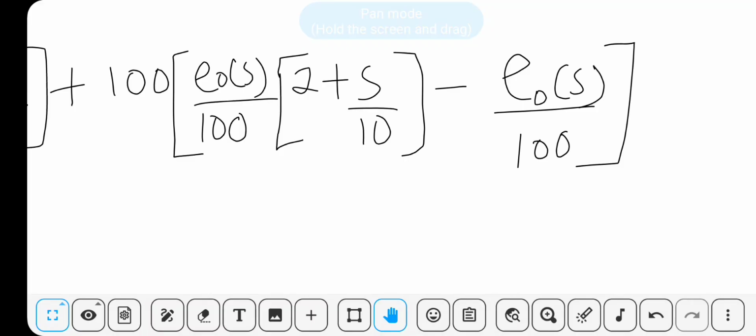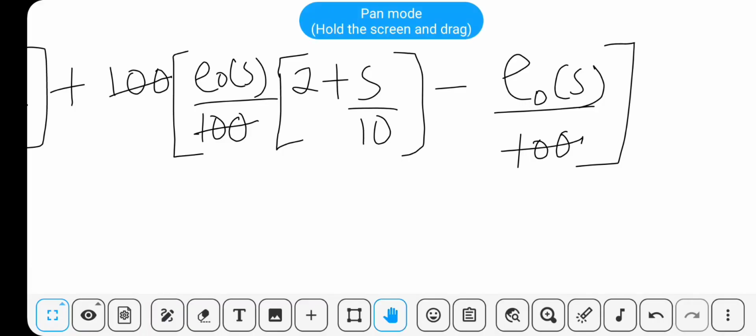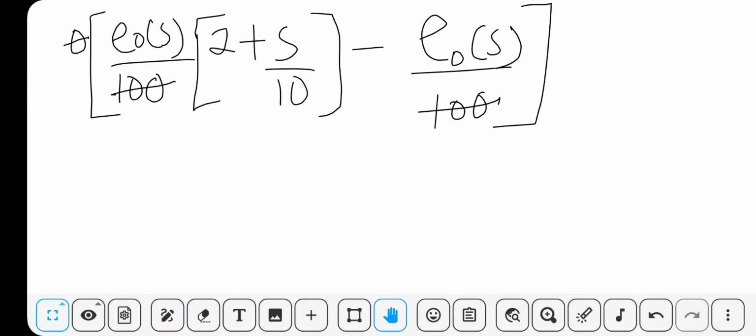So we can see that from here too, this can multiply through and take off this 100.